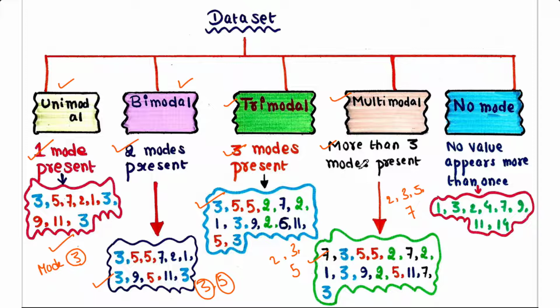Hence, this is a multimodal data set. When no value in a data set appears more than once, then the data set has no mode. So in this example, no mode is present.